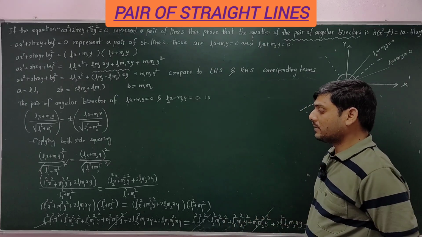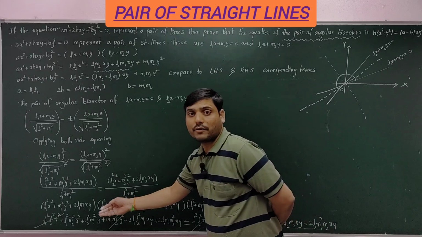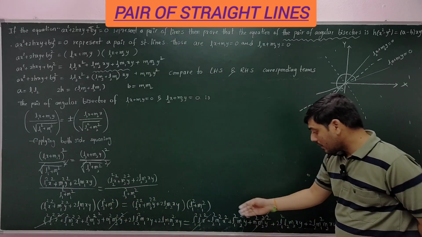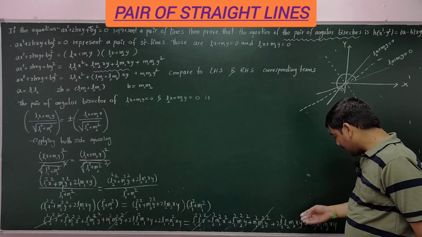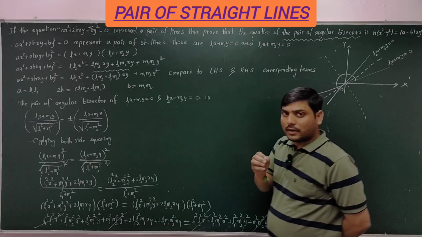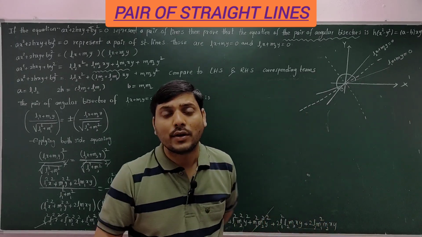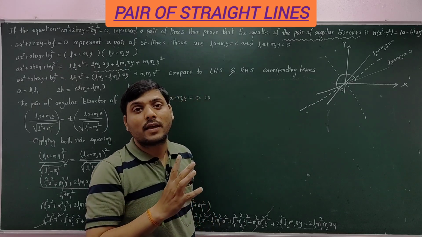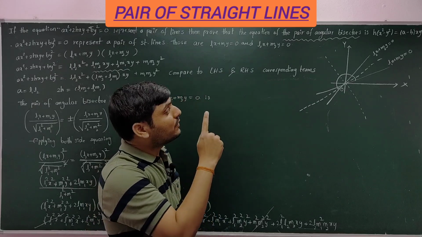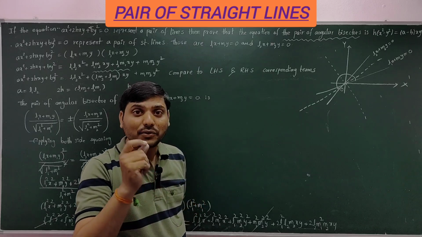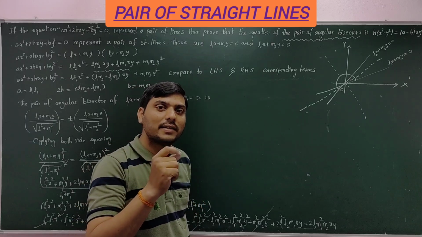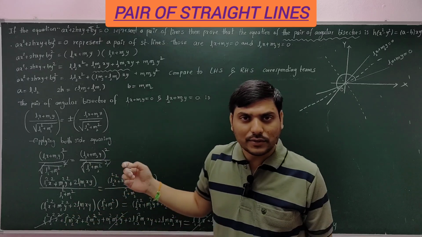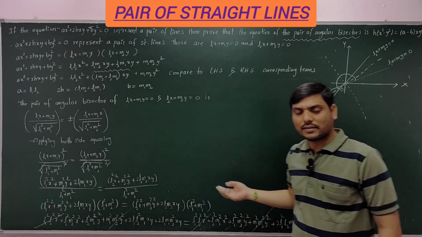Now the left side terms are x square, y square, and xy, xy. Now the next step: on the left side the x square and y square terms are there, and on the right side the xy term is there.